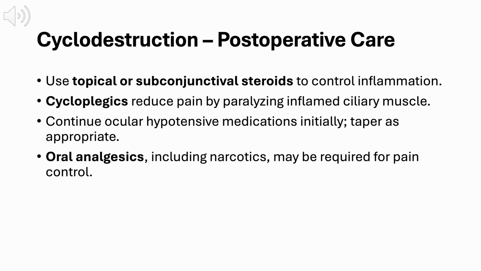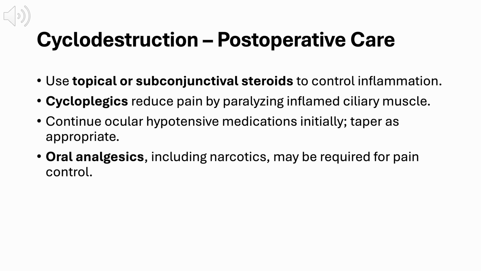After cyclodestructive procedures, the post-operative course centers on controlling inflammation and managing discomfort. Topical or even subconjunctival steroids are often needed early on because these procedures can provoke significant ciliary body inflammation. Cycloplegic drops help as well. They reduce pain by relaxing the ciliary muscle, which is frequently irritated after treatment.